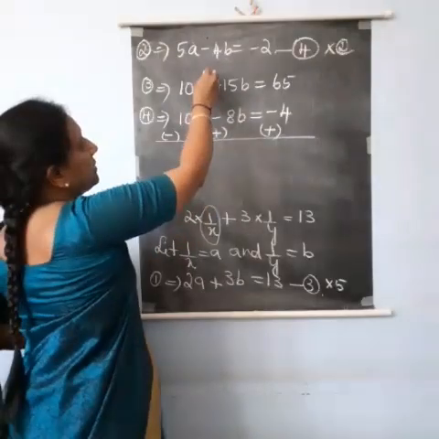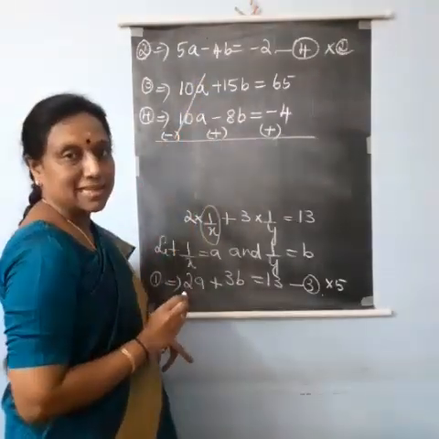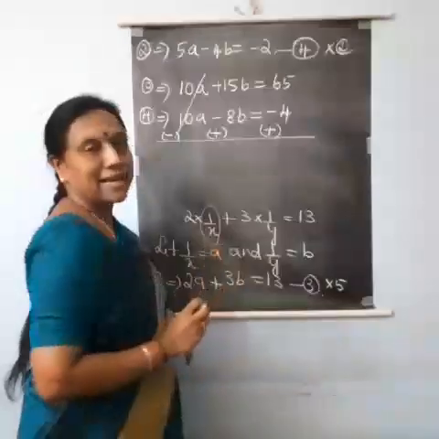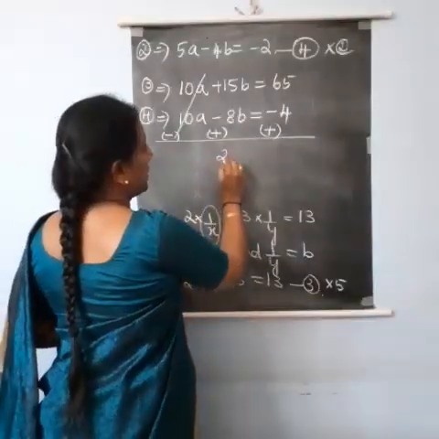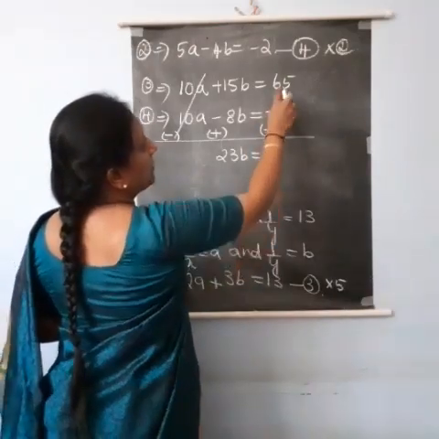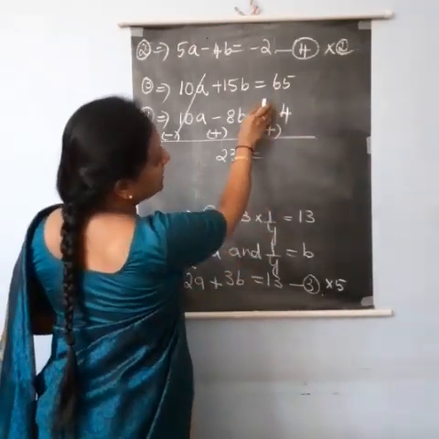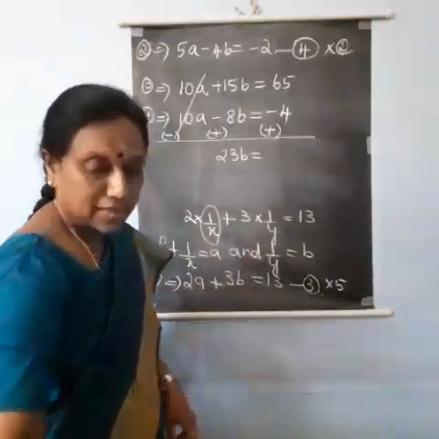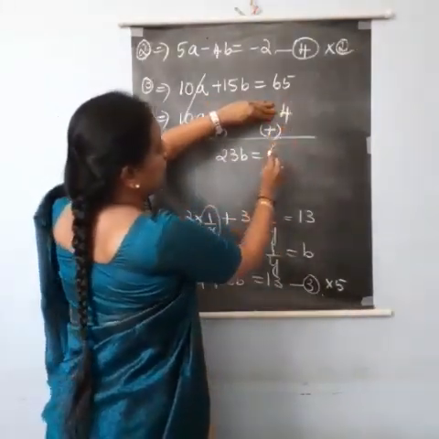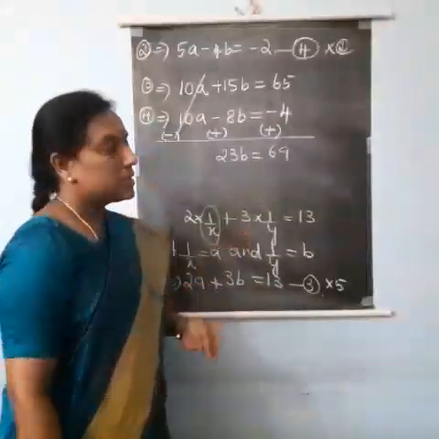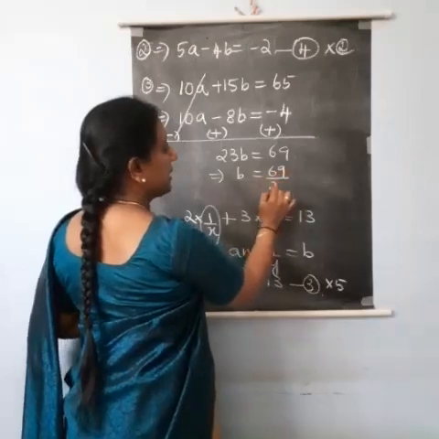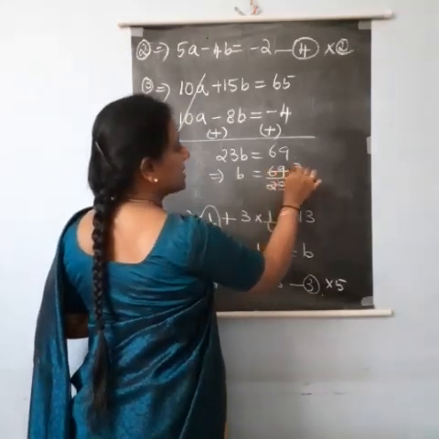This will become 10a minus 10a will cancel out and 15b plus 8b is how much? 23b equal to, this will become 65 plus 4. See, can you see that? We have to use the new sign. 65 plus 4 will become 69. So that implies b is equal to 69 by 23, and that is 3.